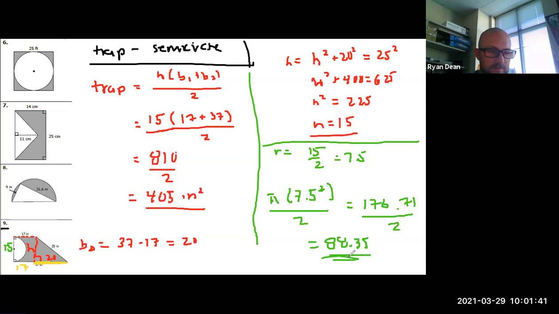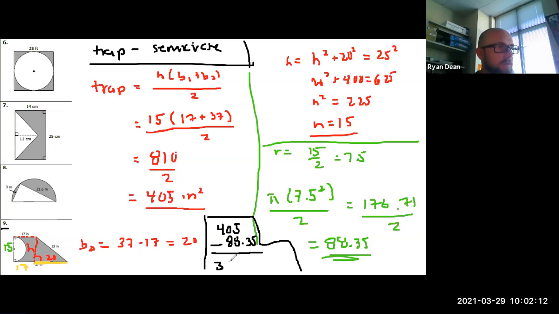So now my last piece is subtracting 88.35 from 405. This got kind of messy because there's so much stuff on here. So I have 405 minus 88.35.